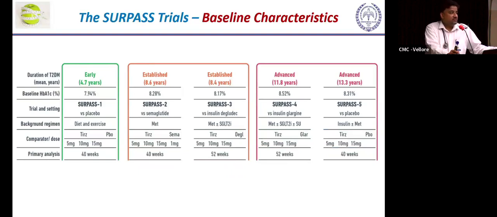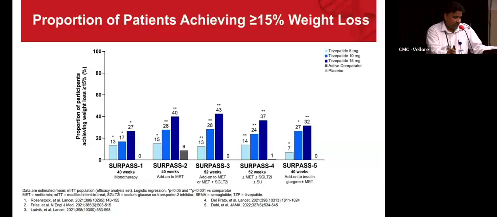The trials of tirzepatide which were done in diabetes are called the SURPASS trials. And they included patients who all had HbA1cs between 7 to 8.5%. Though their primary outcome was to look at how good the glycemic control achieved with these drugs was, what they also saw was that the weight loss in SURPASS trials was phenomenal.